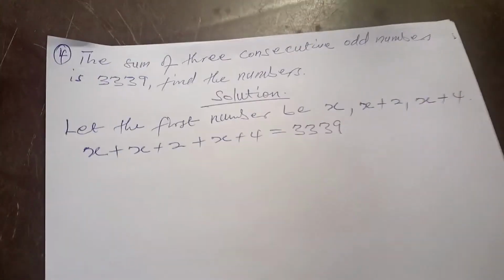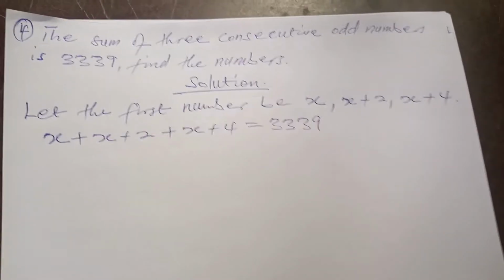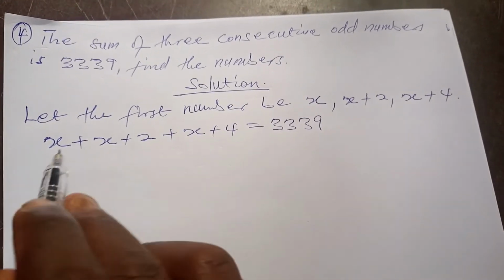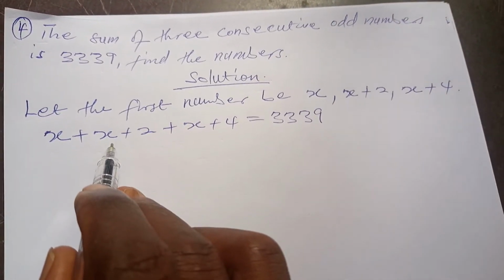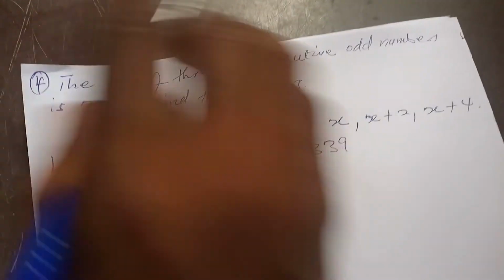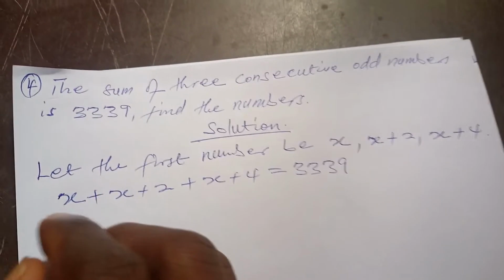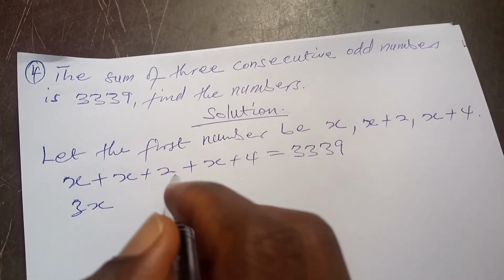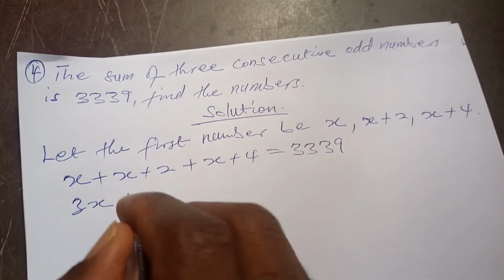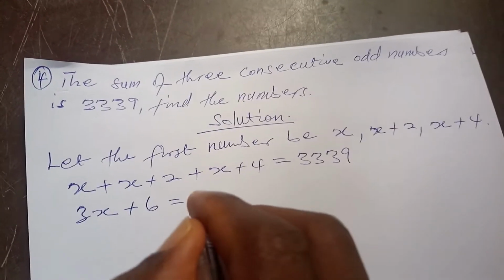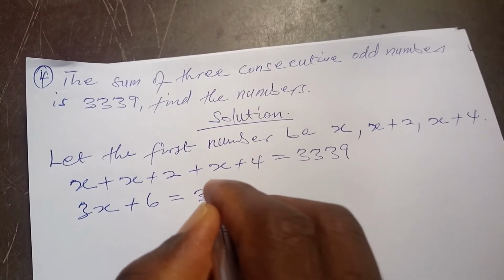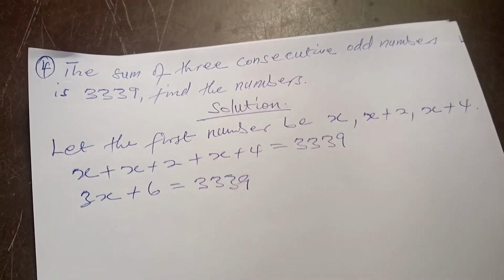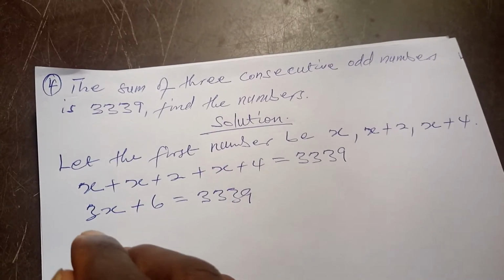We group like terms. x plus x is 2x plus another x is 3x. Then 2 plus 4 is 6, so 3x plus 6 equals 3,339. Good.